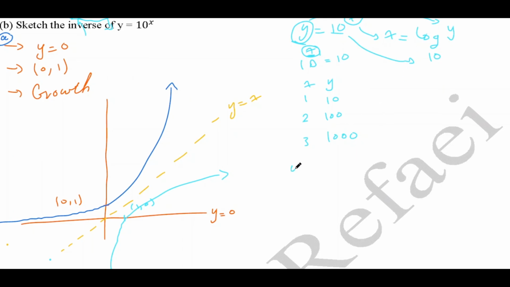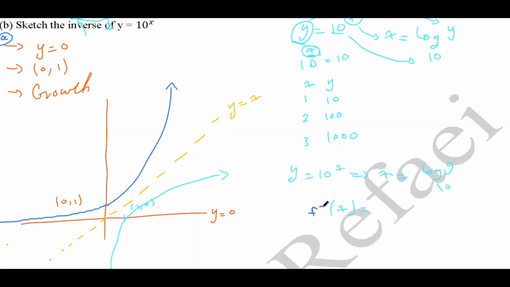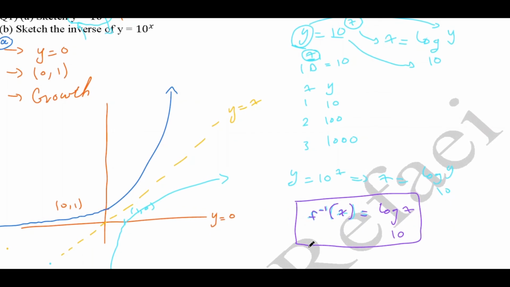So when y equals 10 to the power x, the inverse is x equals log y to the base 10. So f inverse of x equals log x to the base 10. The inverse of the exponential function is the logarithm.